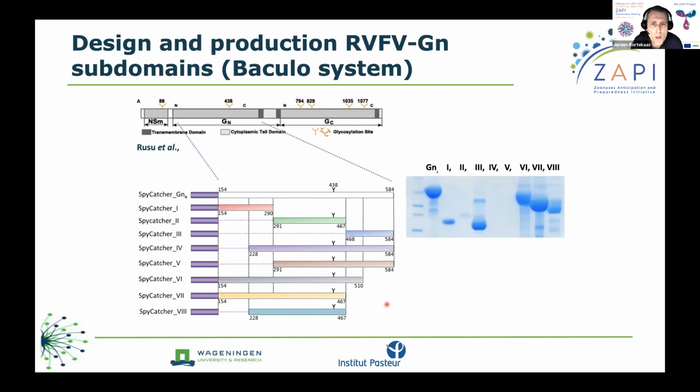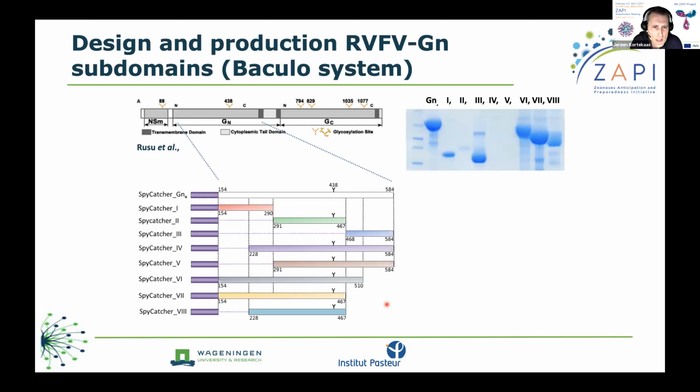So we selected these different subdomains, and as you can see here on the SDS-PAGE, some of these subdomains were expressed to very high levels, others were not expressed at all. And you can already see that a number of these proteins were primary candidates. Then we looked at the recognition of these domains by neutralizing antibodies.